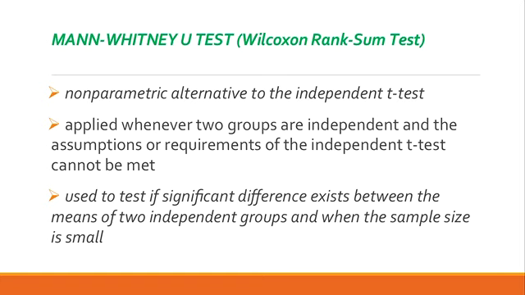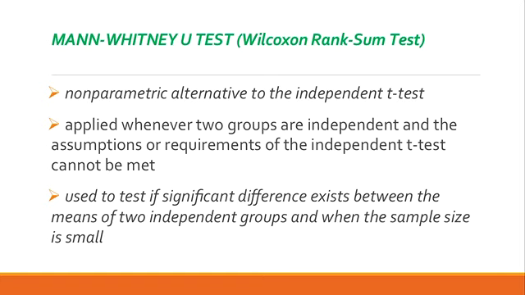For the Mann-Whitney U test, the other name for that is the Wilcoxon rank sum test. It is a non-parametric alternative to the independent t-test, and this is used whenever two groups are independent and the assumptions or requirements of an independent t-test cannot be met, specifically the condition of normality.